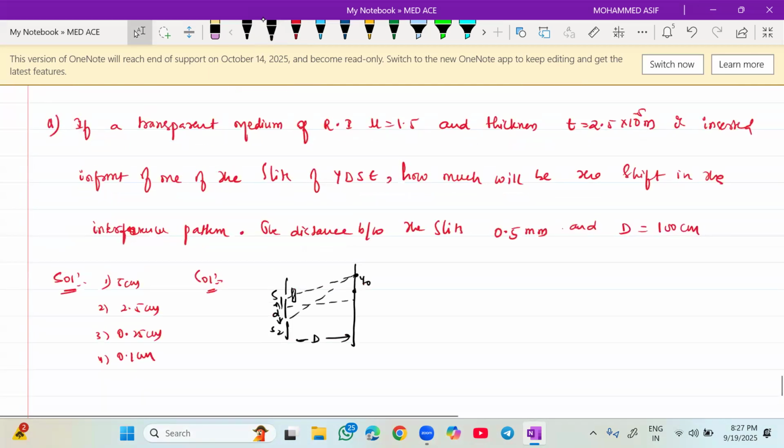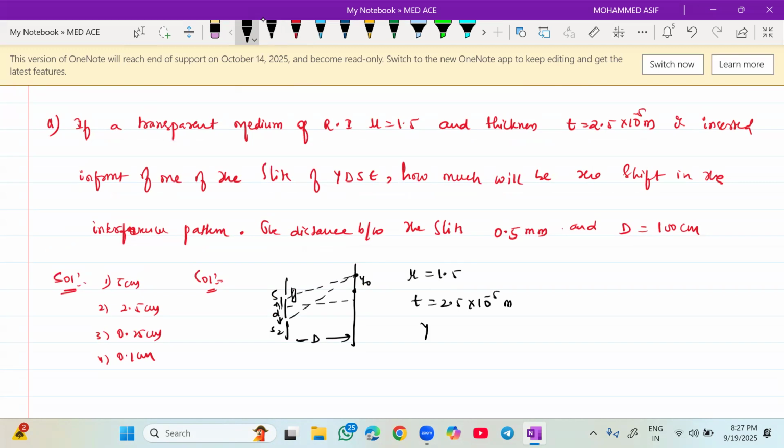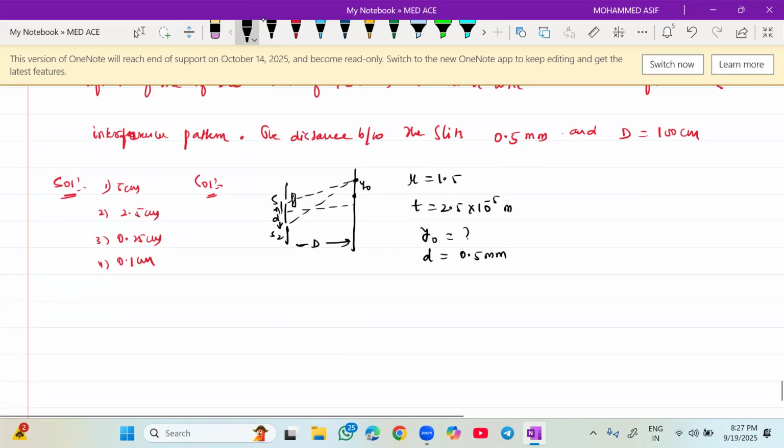Now read the question. A transparent sheet of refractive index mu equal to 1.5, thickness given as 2.5 into 10 power minus 5 meter, is inserted in front of one of the slits of YDSE. How much will be the shift in the interference pattern? That means Y0 is equal to how much? The distance between the slits, that means small d, is given as 0.5 mm, and capital D is given as 100 centimeters.